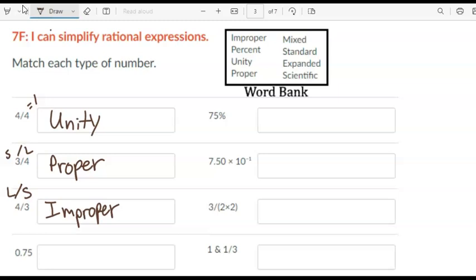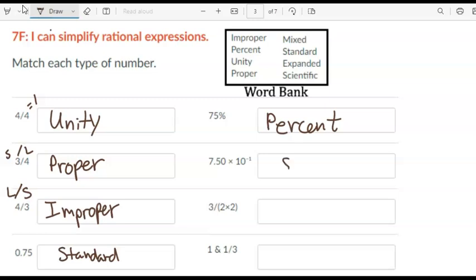0.75. That is considered standard form. Sometimes they say as a decimal. 75%. Well, it has percents in the way that's read. 7.5 times 10 to the negative 1 power.